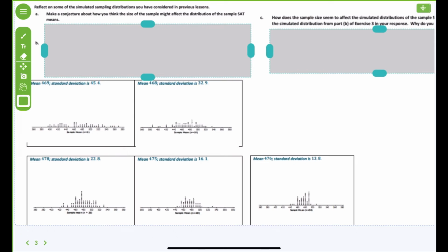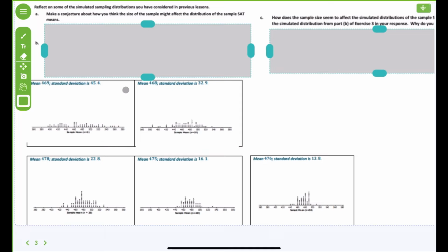Okay, this says, reflect on some of the simulated sampling distributions you have considered in previous lessons. Make a conjecture about how you think the size of the sample might affect the distribution of the sample SAT means. Well, as I've been saying for days now, as the sample size increases, the variability or the standard deviation will decrease.